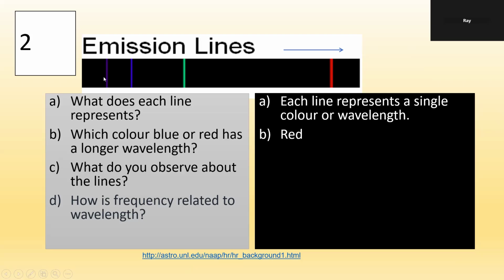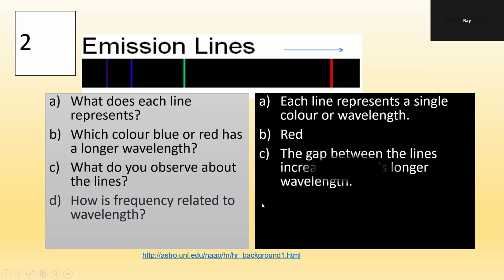Right? The lines are further and further apart at longer wavelength. How is frequency related to wavelength? f equals c over lambda. Inversely proportional, or c equals f lambda. You will use this formula quite commonly.